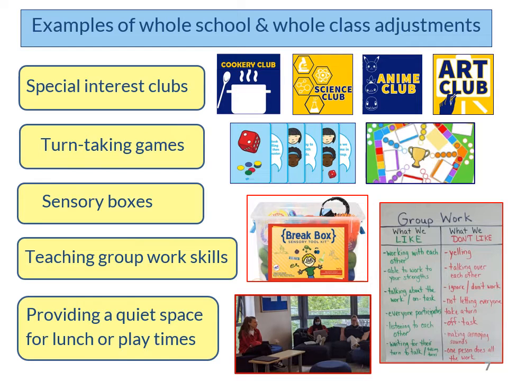Turn-taking games, or offering sensory boxes, teaching how to work in a group, and offering quiet spaces for busy times of the day are all small adjustments that all schools can make to support pupils with communication and interaction needs. These strategies can be used for all pupils. What is good practice for SEN pupils is good practice for all.